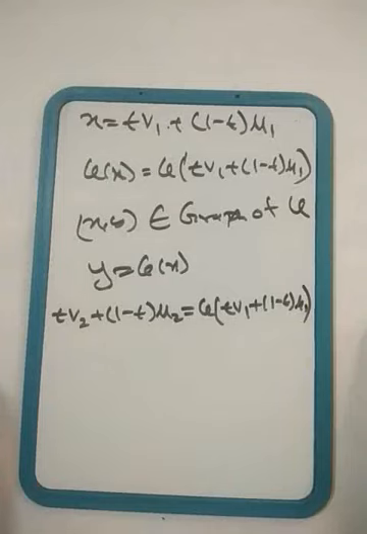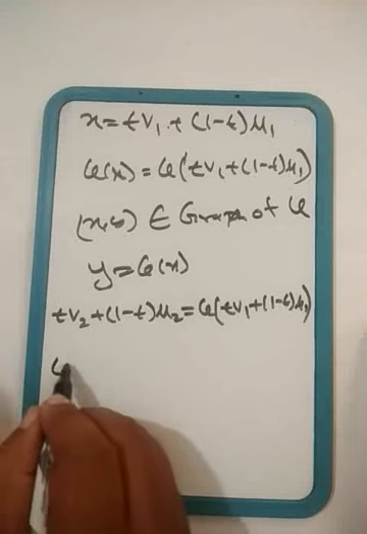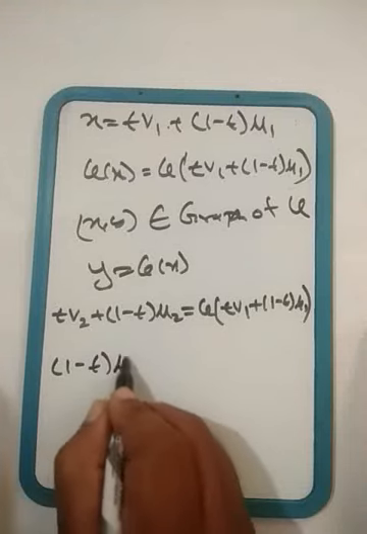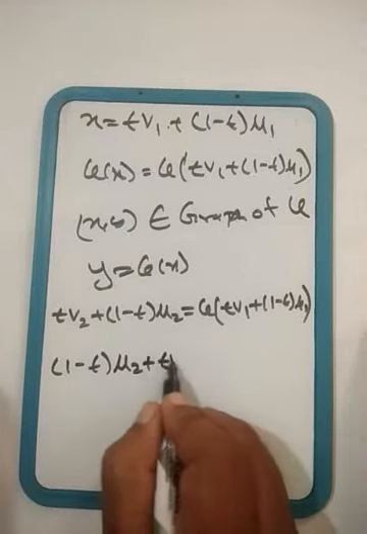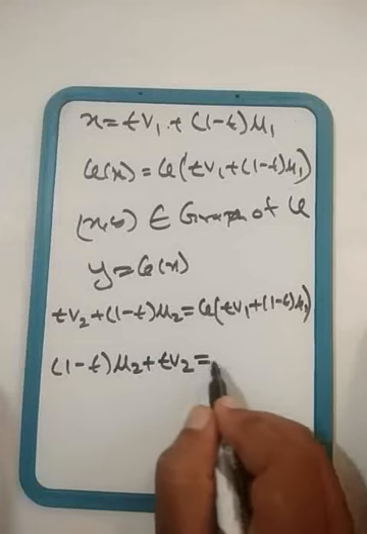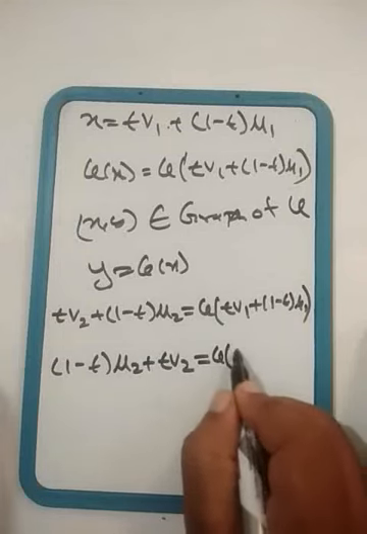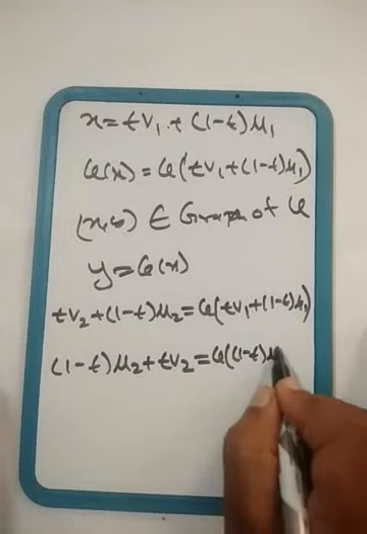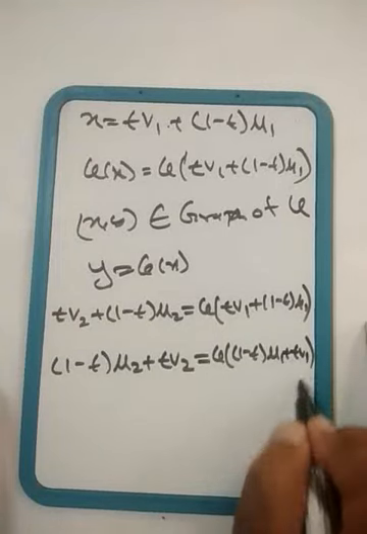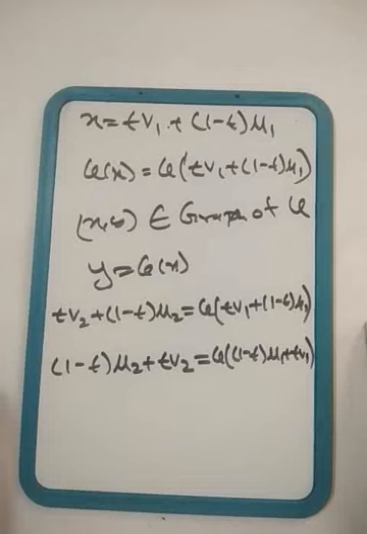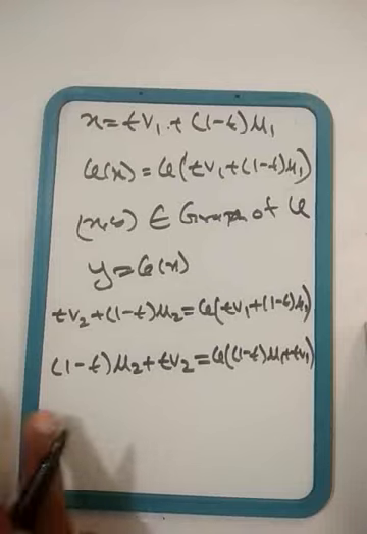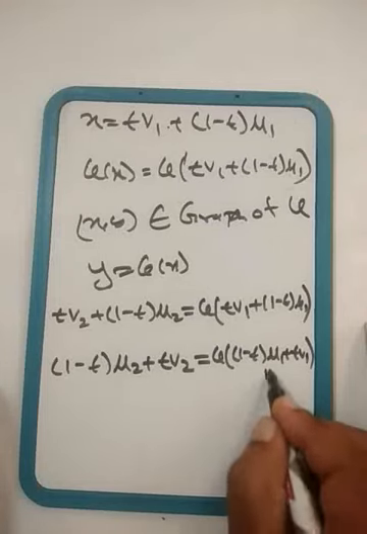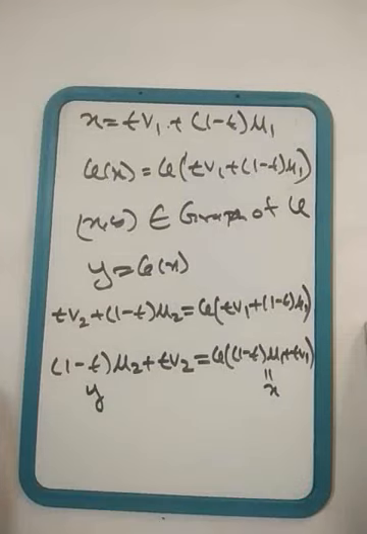So you have this thing, right? This could be rearranged in the following manner: 1 minus t u2 plus t v2 is equal to phi of 1 minus t u1 plus t v1. So this is our x, small x, and this is small y in the diagram.